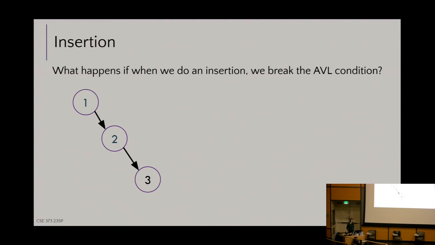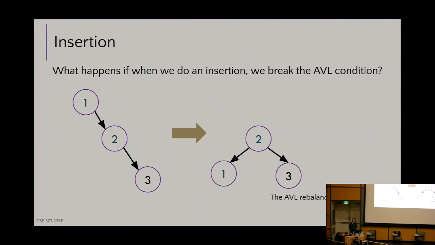No, because one's right subtree has a height of 1 and one's left subtree has a height of -1. That is more than a 1 difference. So we are going to do this rotation where we know where things can go based on the binary search property, but it's going to redistribute the height. The AVL will rebalance. So we are going to be changing a bunch of pointers around. Surprise.